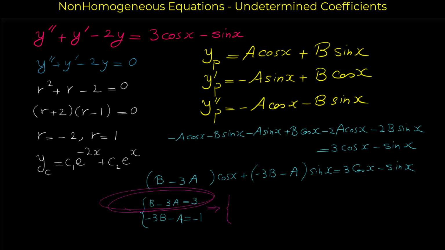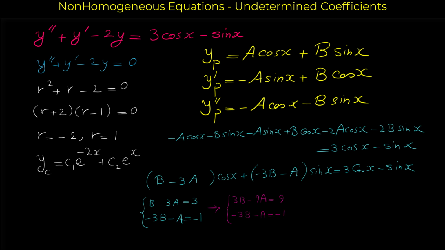First, I multiply this by 3 to make the coefficient of b positive 3. If I multiply this equation by 3, we have 3b minus 9a equals 9. And we write the second equation here.